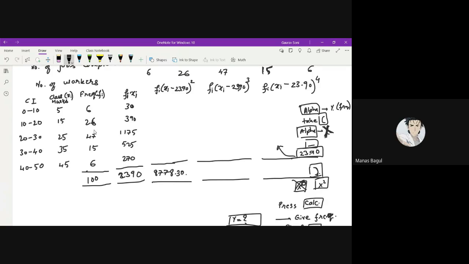There is no decimal, I guess, even mine has no decimal. 8779 is the exact number. So no decimal places. Fine. Tell me the third.